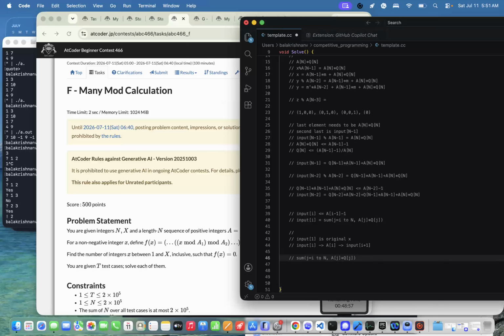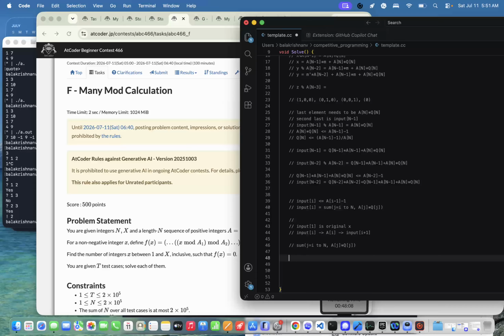How do we optimize this? Yeah, if it's a linear combination. Okay, I see.